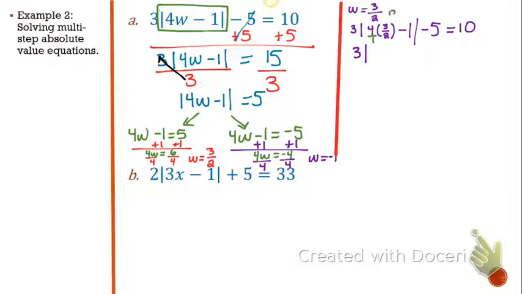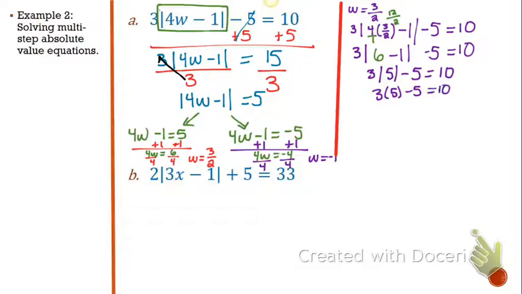So it's 4 times 3 is 12. 1 times 2 is 2. 12 divided by 2 is 6. Okay, so 6 minus 1 is 5. Now the absolute value of 5 is 5. So let's go ahead and write 3 times 5 minus 5 equals 10. So we get 15 minus 5 equals 10. We get 10 equals 10. So that means that this one is right.